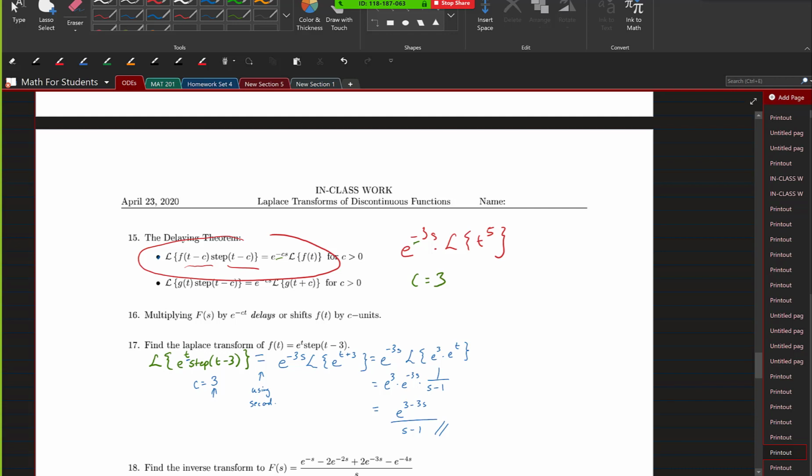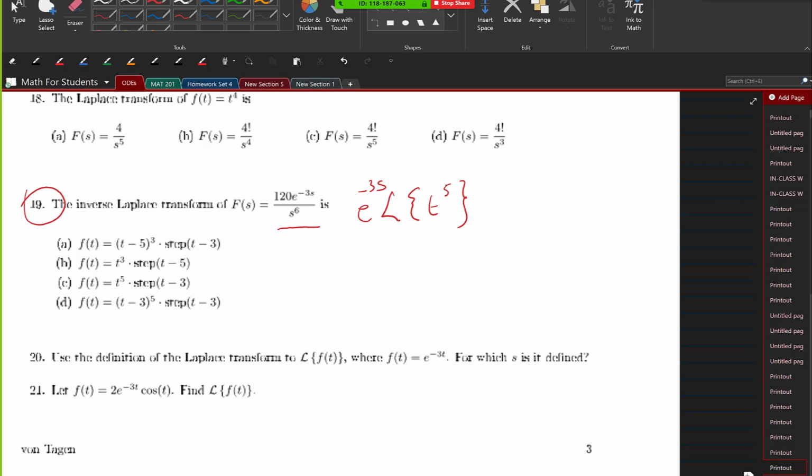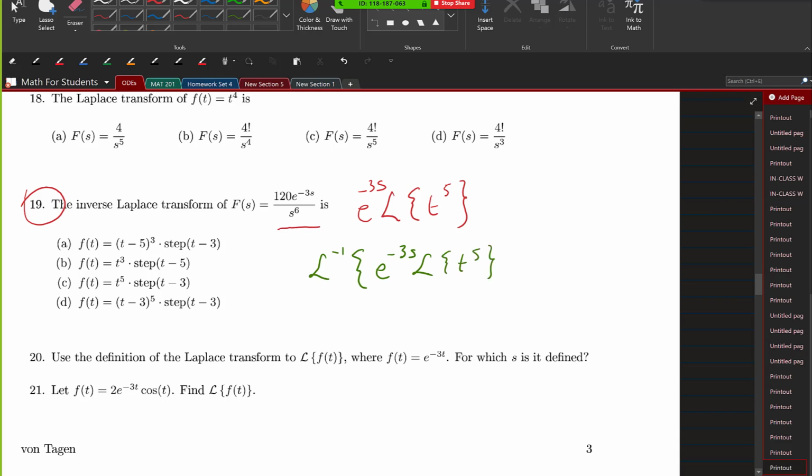And so when I go to answer this question, we're going to say that the inverse transform of this is the t to the fifth function, but it's shifted 3 units to the right, times the step function shifted 3 units to the right.